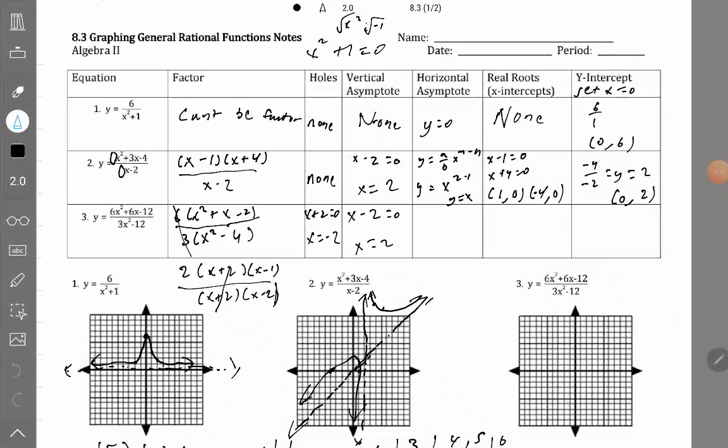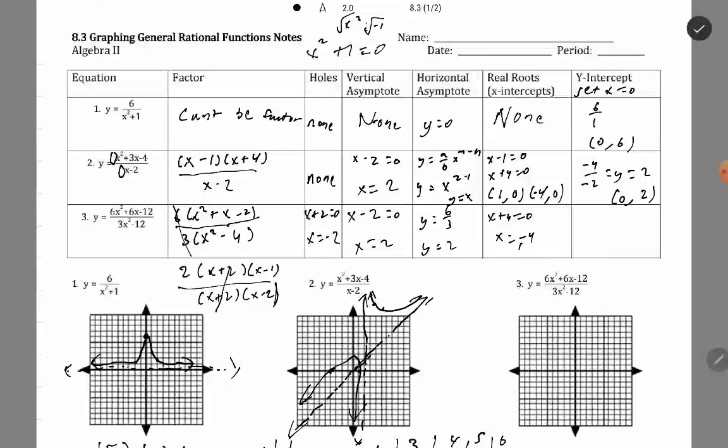So a is 6, b is 3, so this is y equals 6 over 3, so y equals 2.